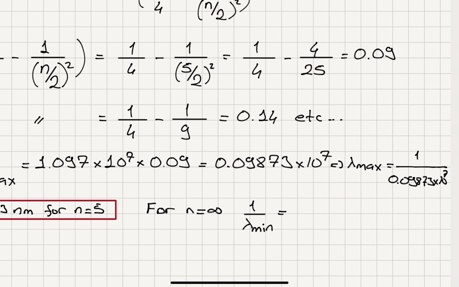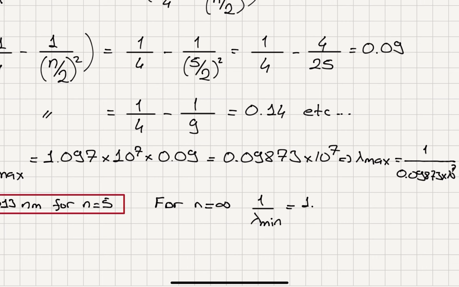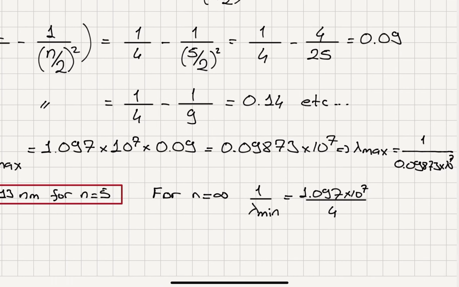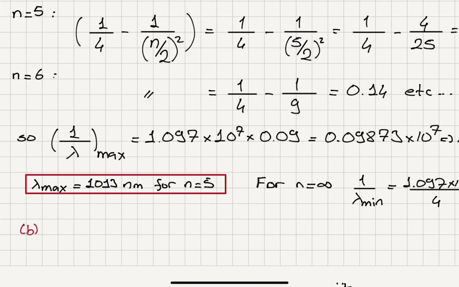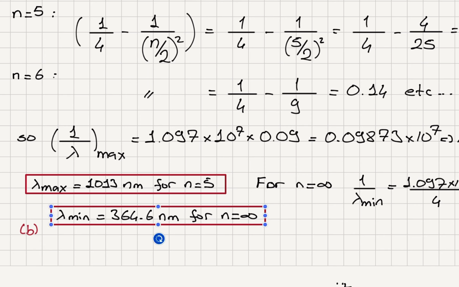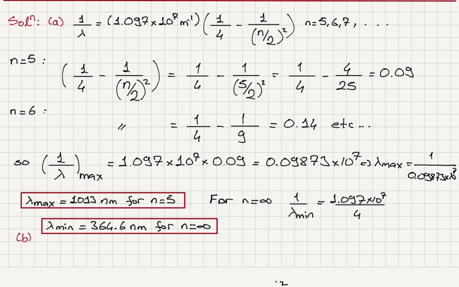So it's 1.097 × 10^7 divided by 4. So this will give us lambda minimum is equal to 364.6 nanometers for n infinite. So we calculated the maximum and minimum wavelengths in the Pickering series.